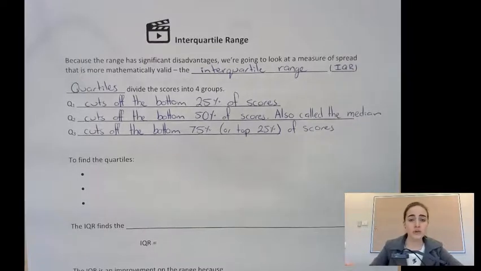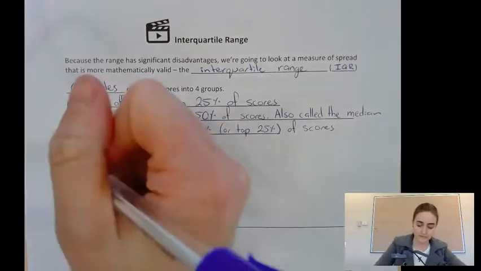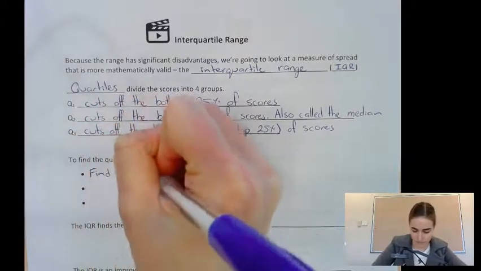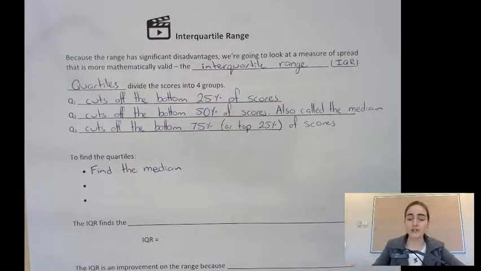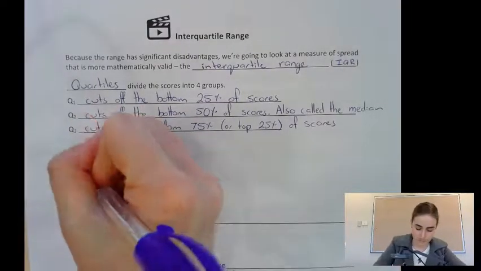To find those quartiles, the first step is that we're going to find the median. Our second step then is to find Q1 by finding the median of that bottom half of the data.